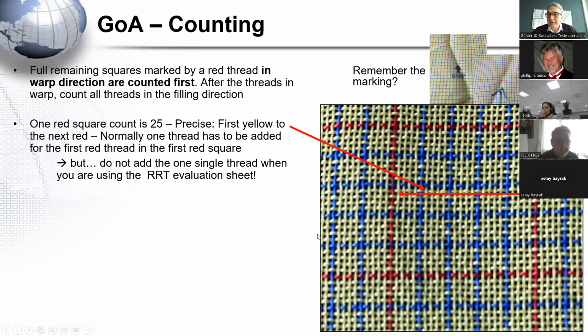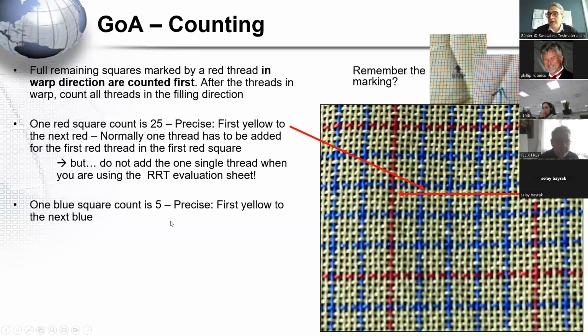But do not add this when you are using the evaluation sheet for the round robin. It's all in the formula. You don't have to do this. You have to add this one single red thread only when you do the manual counting.